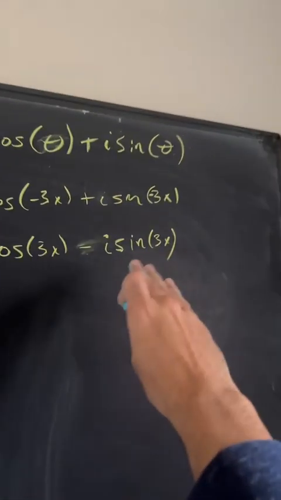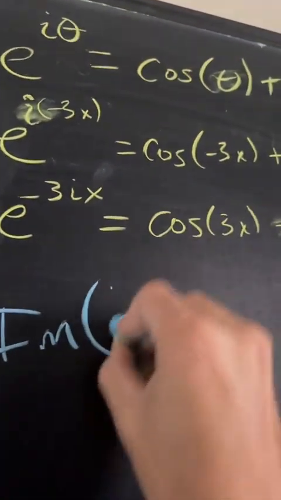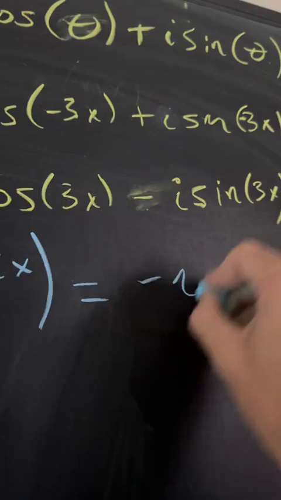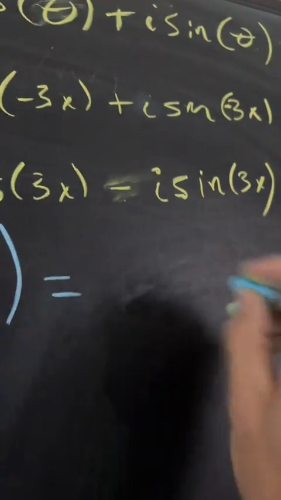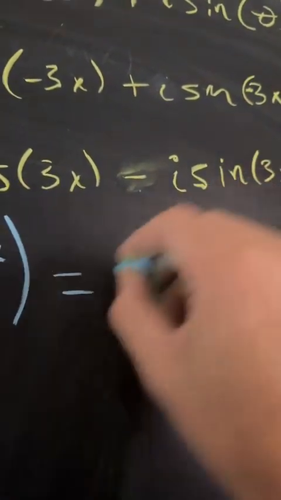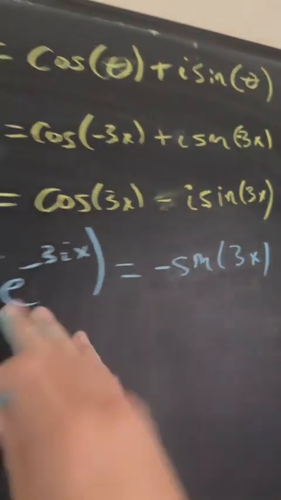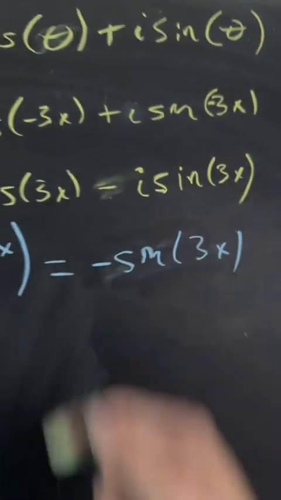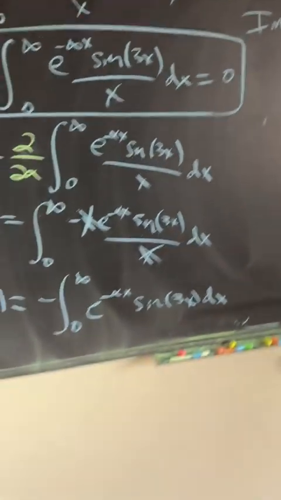Because this is what we want to worry about, since that's exactly what's in here, we just want the imaginary part of e to the negative 3ix, and that's just gonna be negative sine of 3x. Because I'm calling for the imaginary part, I'm just getting the imaginary portion, so I don't need to put the i there.